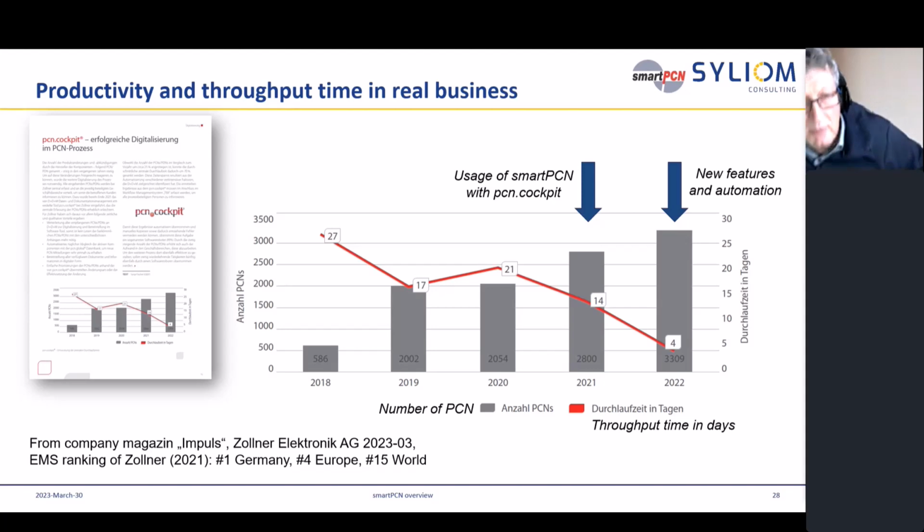They use other systems, and their experience is exactly the same. So the whole throughput time, the whole time you need for processing a PCN, drastically decreases when you use it, because you save a lot of time and a lot of effort because you get rid of all the manual processing of a PCN.